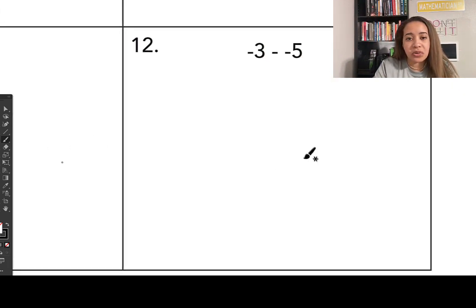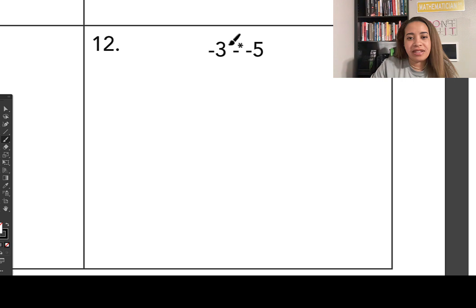Here is number 12. We see subtraction, so we say keep, change, change. We keep the negative 3, change from a minus to a plus, and change from a negative 5 to a positive 5. So now looking at our addition problem, I notice that we are adding integers with different signs.